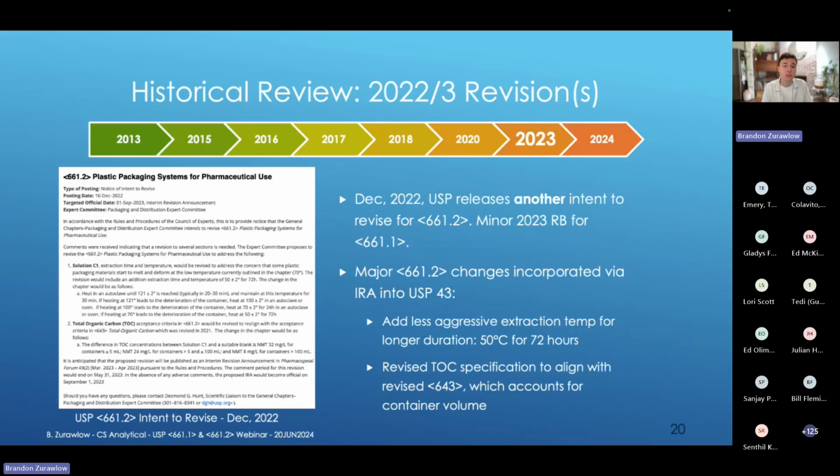And so effectively what this did was allow for a higher TOC result the smaller the container volume being tested was, which absolutely helped to alleviate some challenges in testing small volume containers, which did frequently fail for TOC.